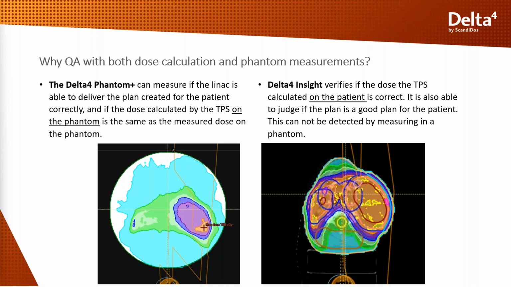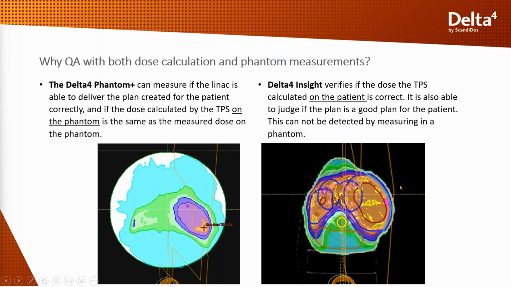And also if the dose calculated by the TPS on the Phantom is the same as the measured dose on the Phantom. But Delta4 Insight will verify if the dose that the TPS calculated on the patient is correct. It's also able to judge if the plan is a good plan for the patient. So this cannot be detected by measuring in a Phantom.